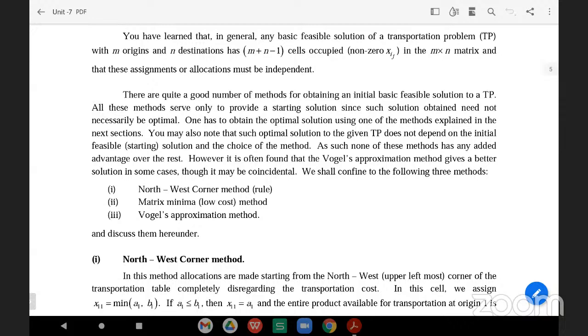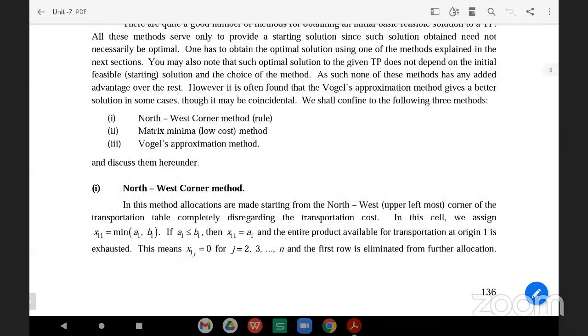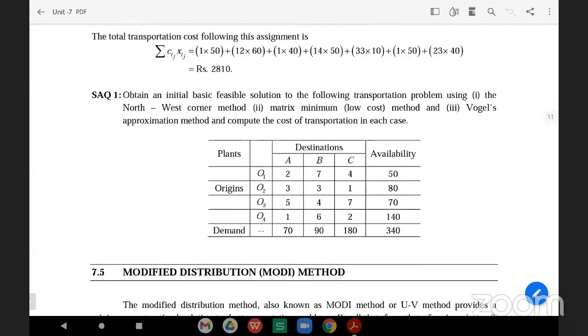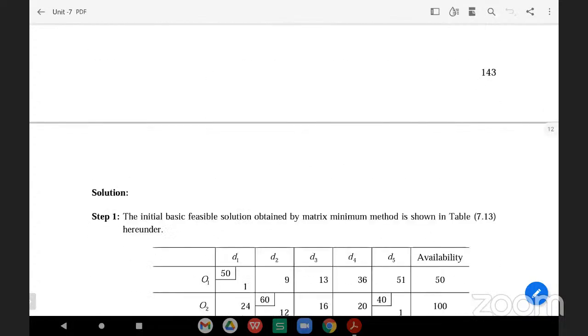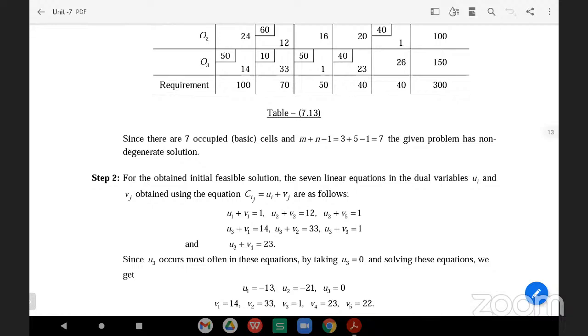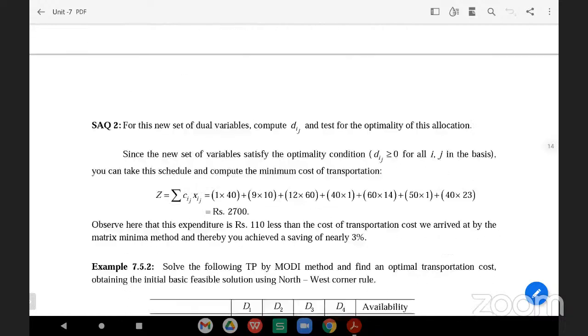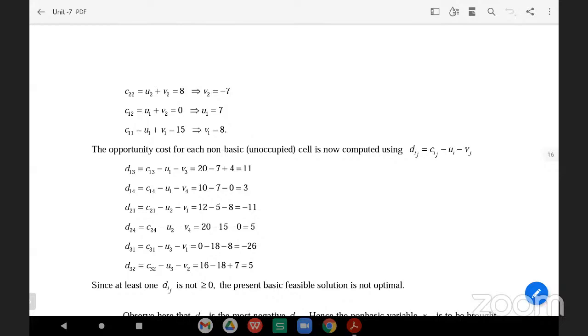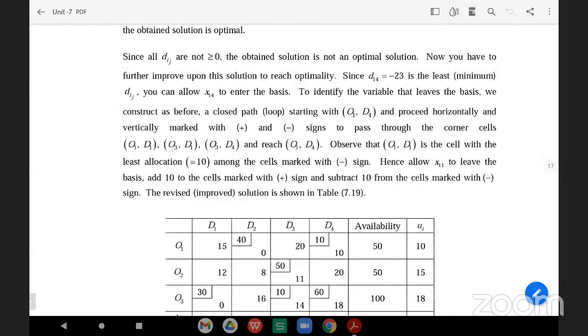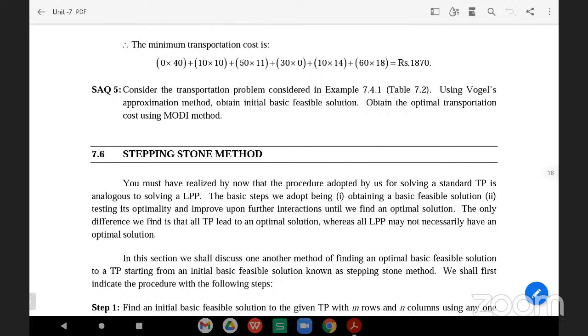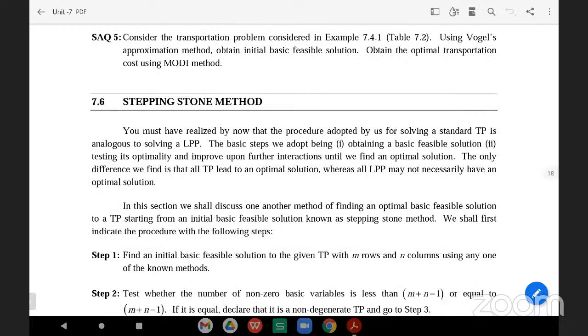The methods are called the UV method, which is the modified distribution method, MODI method, and another method is called the stepping stone method. At last, we will study the stepping stone method. Both are almost similar, but a small variation will be there. I will discuss it in the class. So with this, the total transportation problem we can complete.